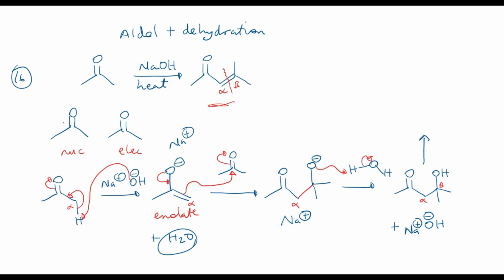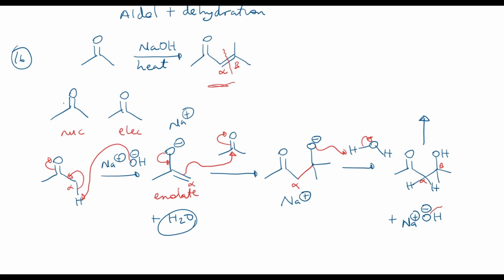So under basic conditions, the base will deprotonate the alpha carbon and will form an enolate. Counter ion is attracted to the enolate.